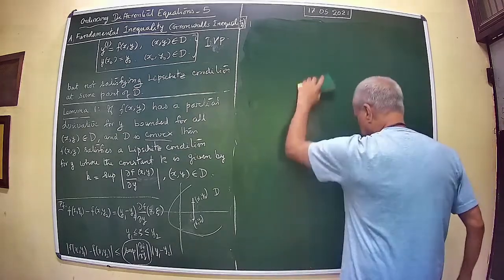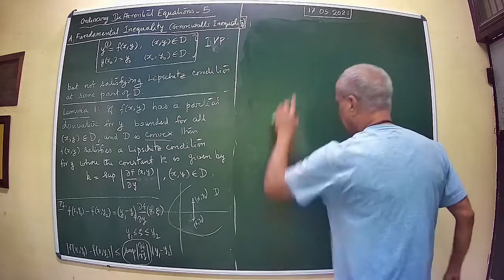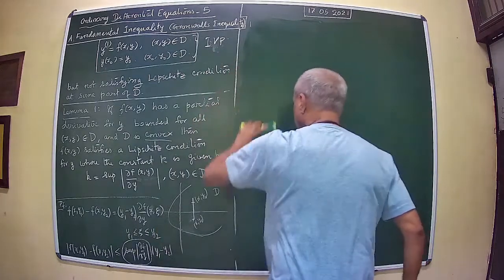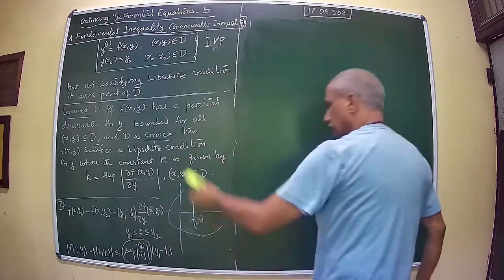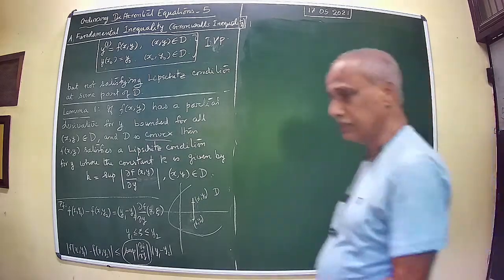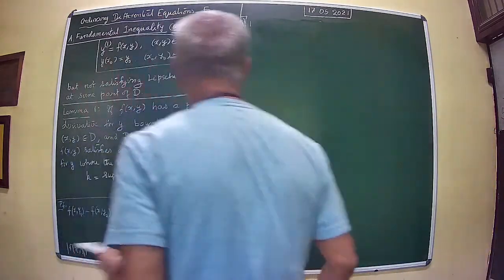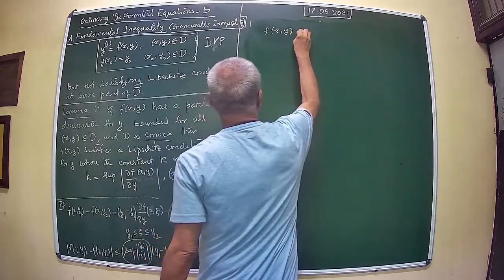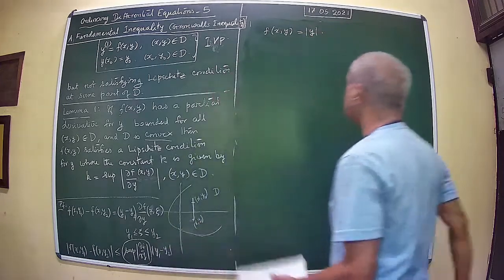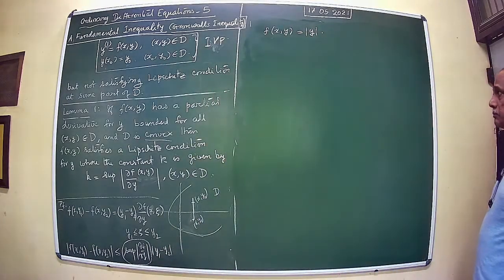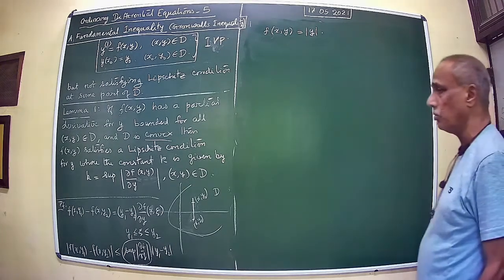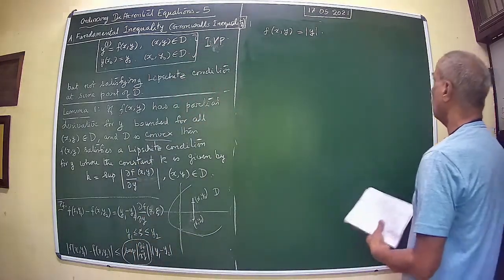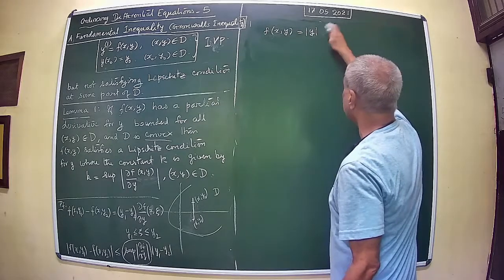Give an example. Therefore, that example would suggest that the lemma that we have proved gives only a sufficient condition. So you look at this one, f of x, y equals mod y. Okay. Now you see that for y equal to 0, it is not differentiable. Okay. Therefore, you look at this one.